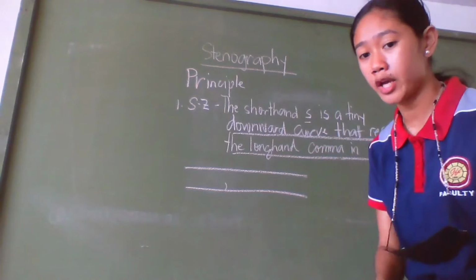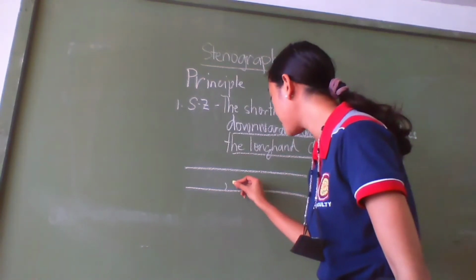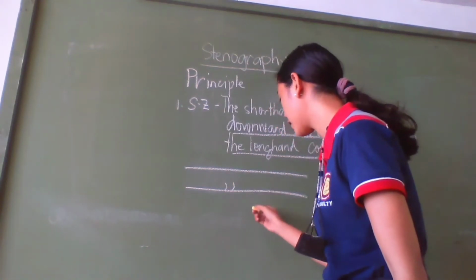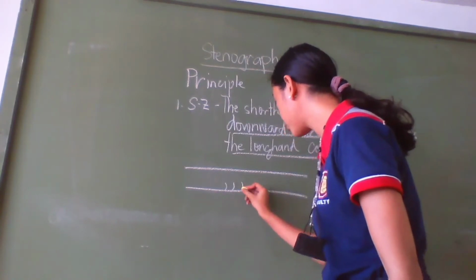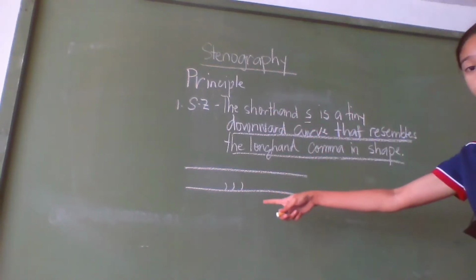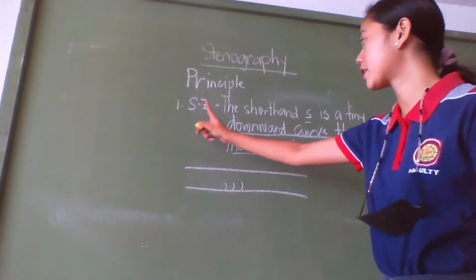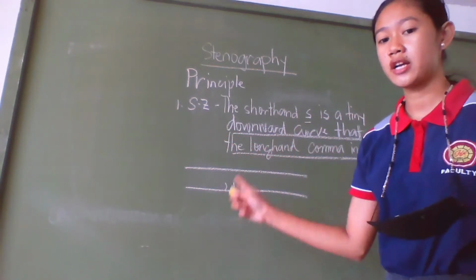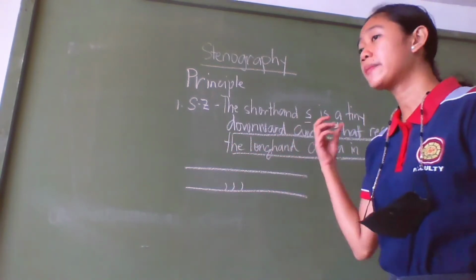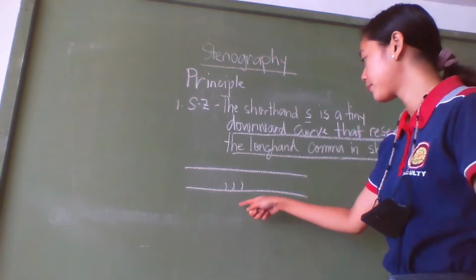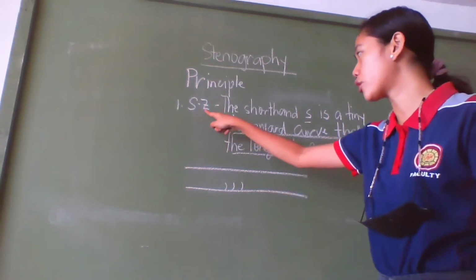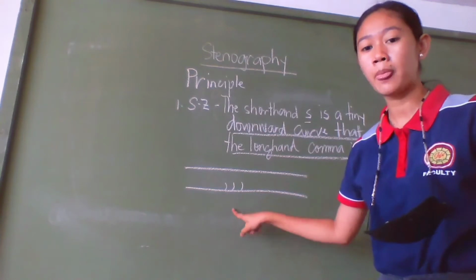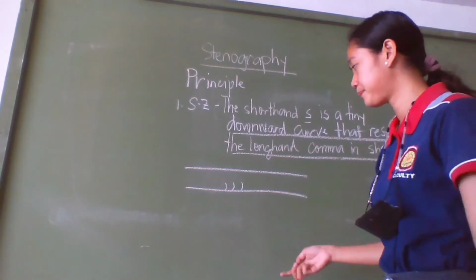Downward curve, ibig sabihin, ganyan lang siya. So, ganyan si letter S and letter Z. Pag gagamitin natin siya sa sentence, either S or Z, same lang sila ng stroke.